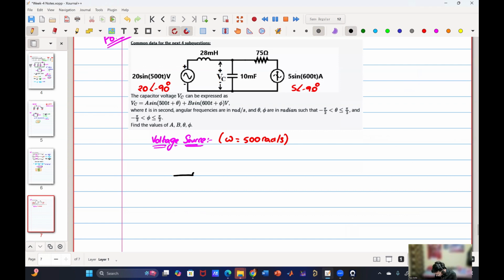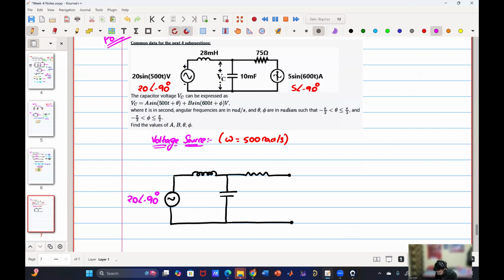So the circuit will be inductance, capacitance, and then resistance, and this is open, and this is the voltage source, 20 angle minus 90 degrees. If you calculate, it will come j14, and if you calculate this, you will get minus j0.2, and let this be plus minus VC1.